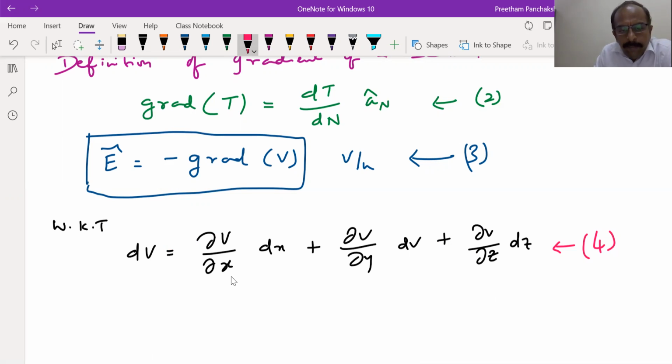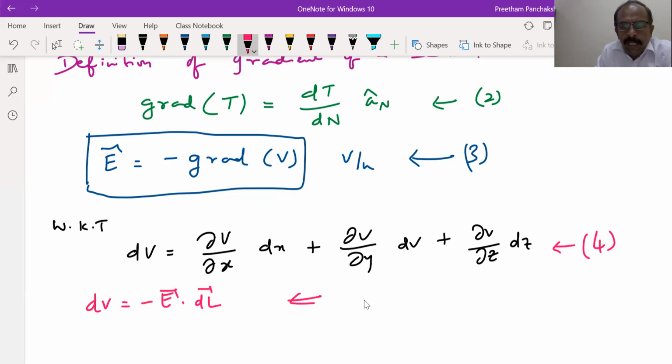On the right side, if we make an attempt, we can introduce unit vectors by mathematical interpretation. That is, we know that dV is equal to minus E dot dl.